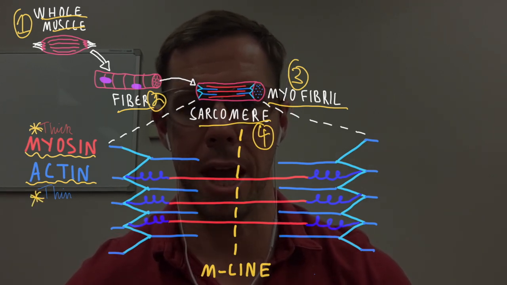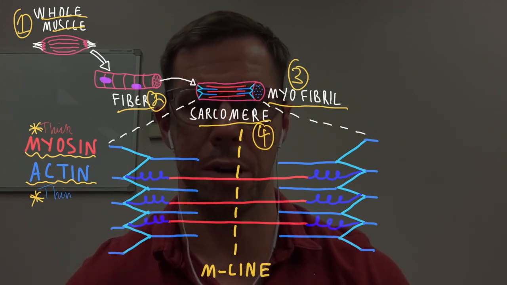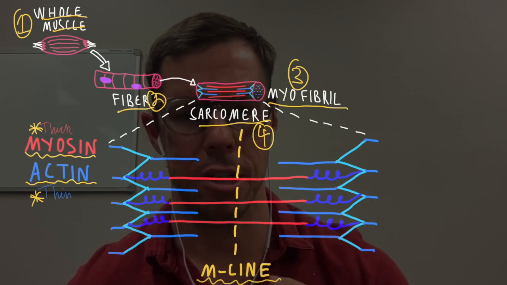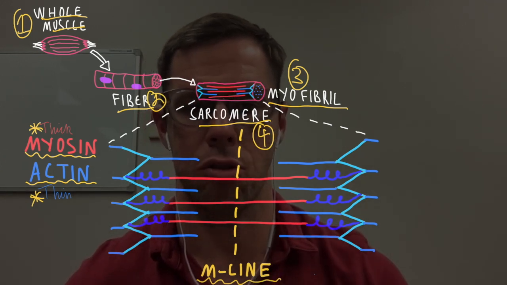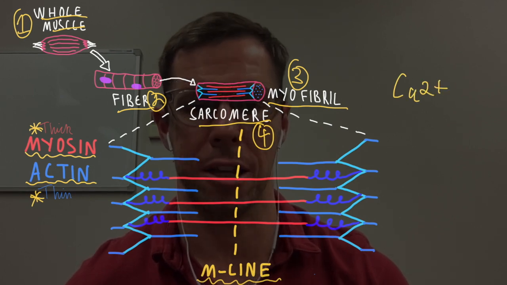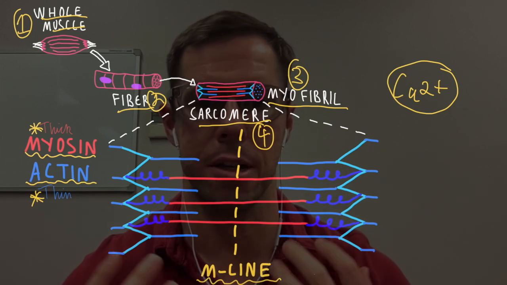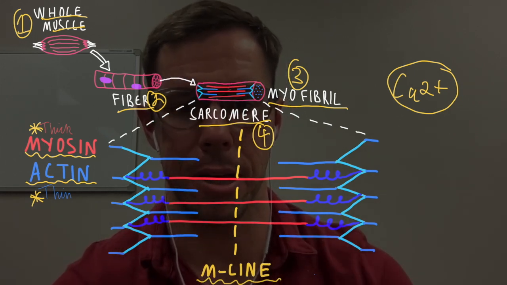There are also bands, discs, lines, or zones that can be labeled on a sarcomere, but I won't discuss them in this video. When calcium ions are released from the sarcoplasmic reticulum, they bind to troponin, which makes tropomyosin move away from active sites on actin. Actin then binds with myosin to form cross bridges, which requires ATP.